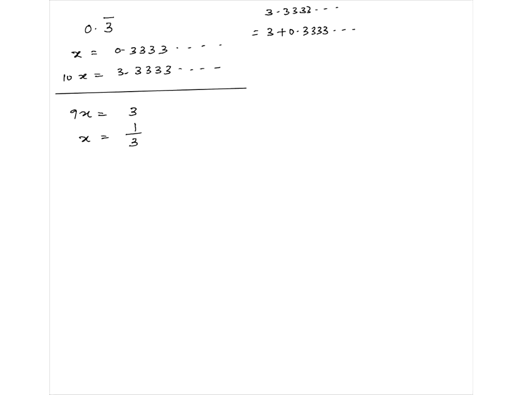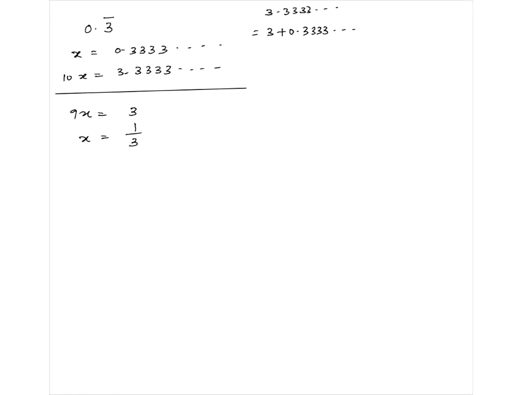Now let me take an illustration with something other than 10 multiplied. It all depends on the pattern of repetitiveness. In the previous question, repetitiveness was after one digit, 3. 3, 3, 3, 3, 3, 3.